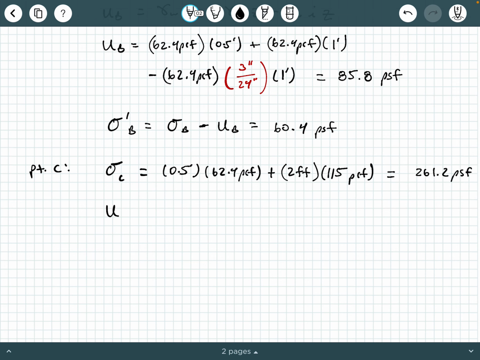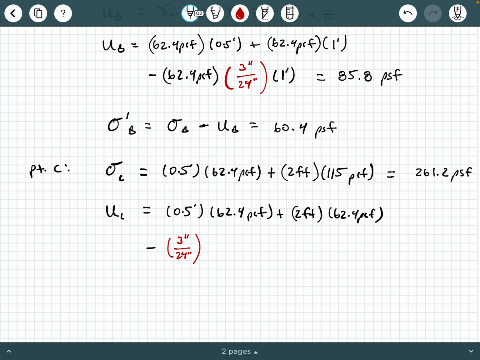And then we'll compute the pore pressure at that bottom point C. We will end up writing 0.5 feet times 62.4 PCF plus another 2 feet of water, so times 62.4 PCF here as well. And then we're going to say minus, and here comes the hydraulic gradient term, 3 inches over 24 inches.